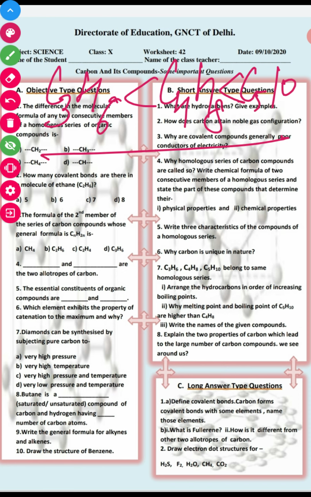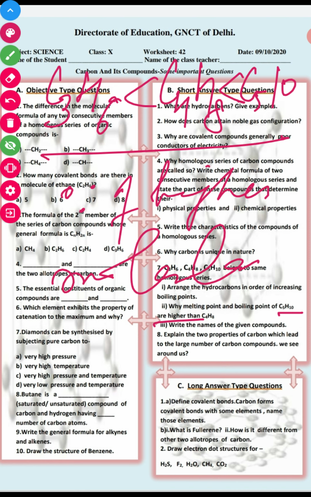Second, why are the melting point and boiling point of C5H10 higher than C4H8? Because the molecular mass of C5H10 is higher than that of the other two. So you can write: because of higher molecular mass.